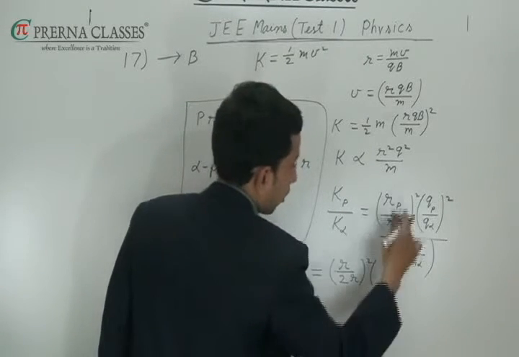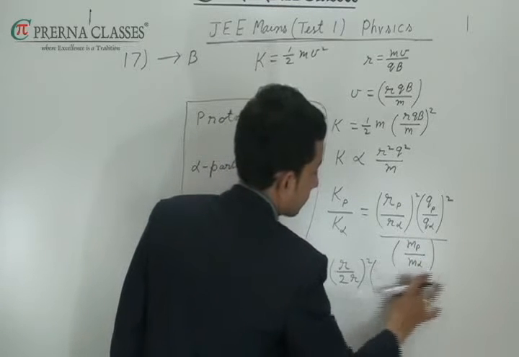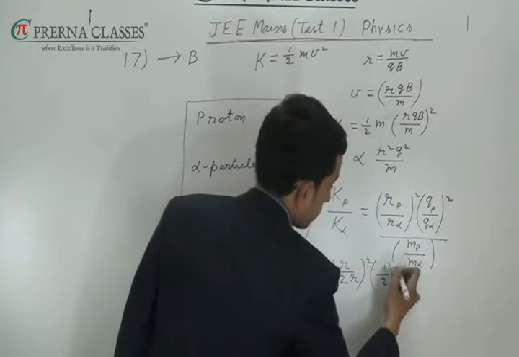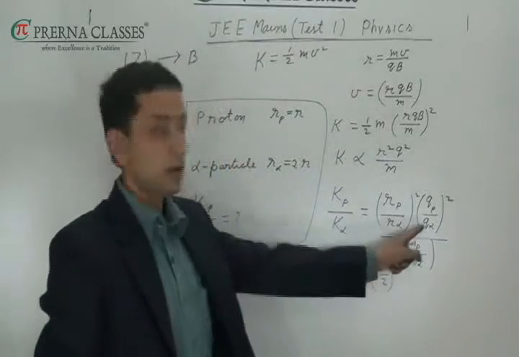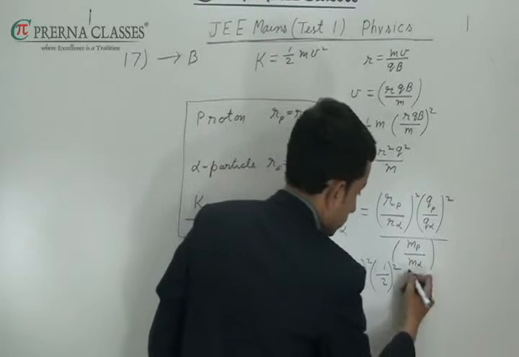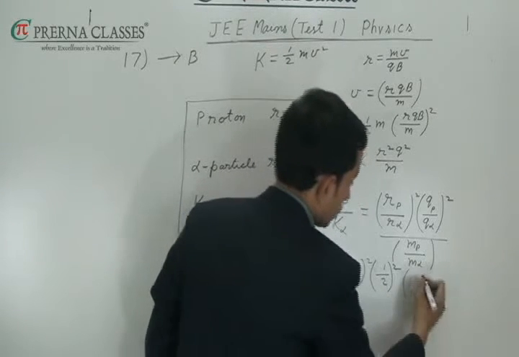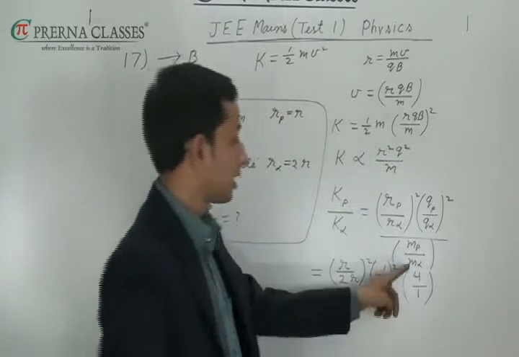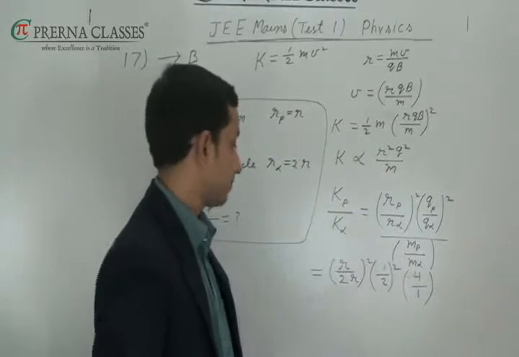The charge ratio of proton and alpha particle is 1 by 2 because the alpha particle has plus 2 charge, and for mass we can write 1 by 4 because the alpha particle is 4 times heavier.